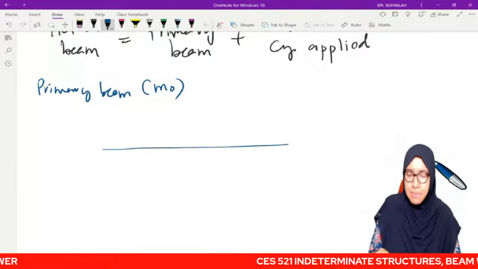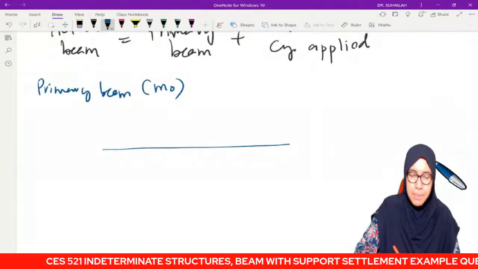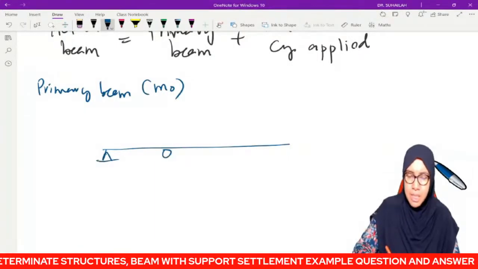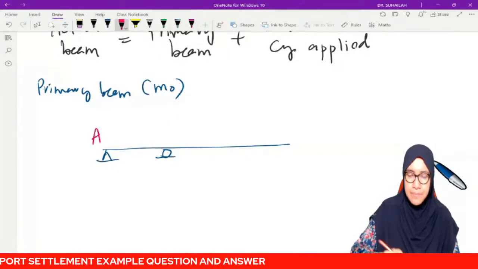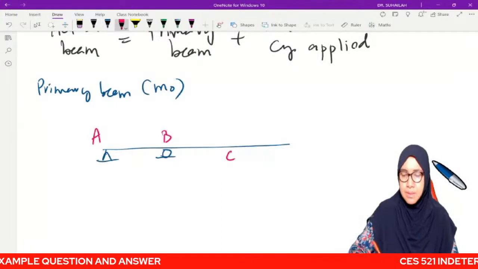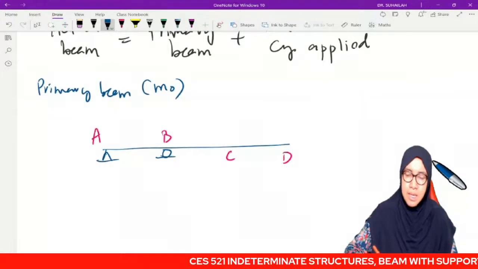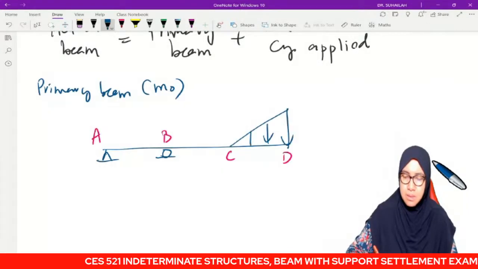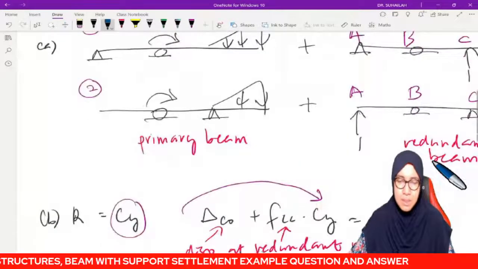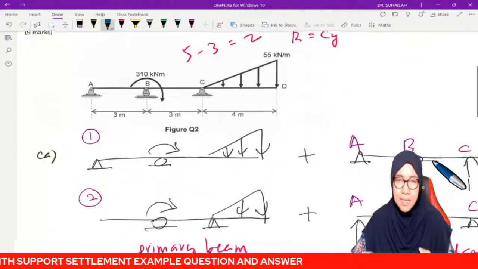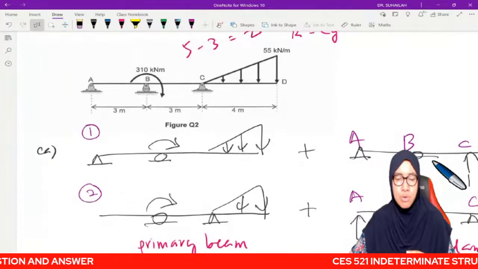So this is the beam, with pin at A and roller at B. So this is A, B, C, and D. This has a triangular load, not UDL, it is a triangular load, and a moment of 310 clockwise.